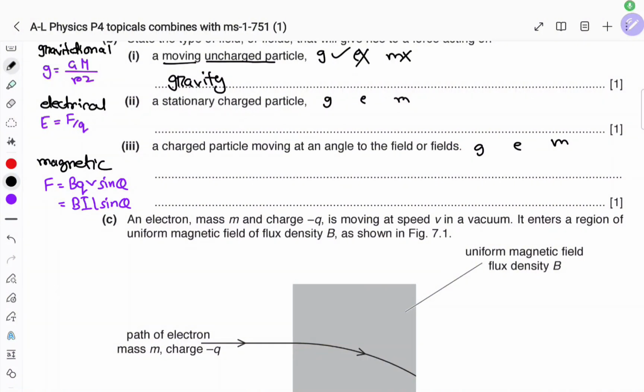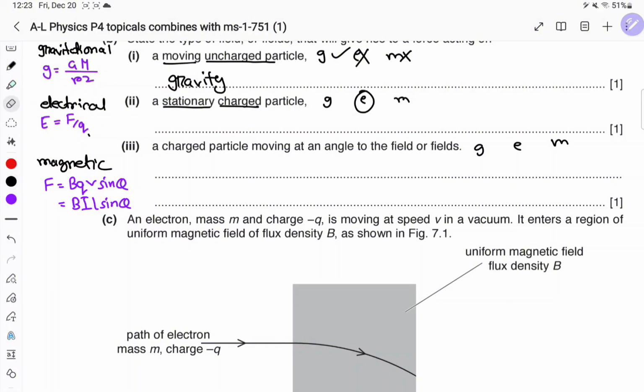Then a stationary charged particle. When talking about charged, we have two possible candidates: electric field or magnetic field. They both have a charge in this equation. But magnetic needs the particle to be moving, otherwise we won't experience any force.